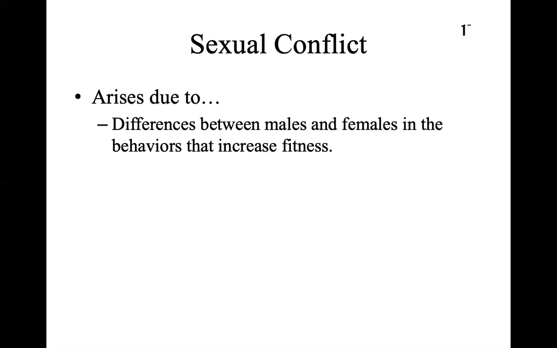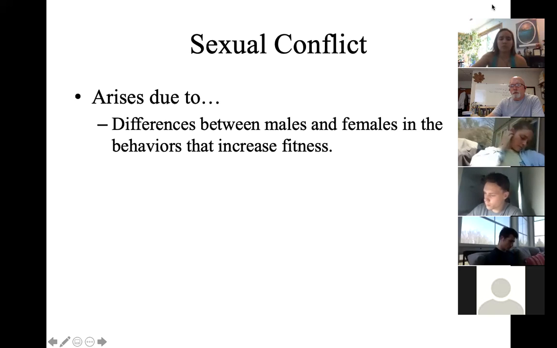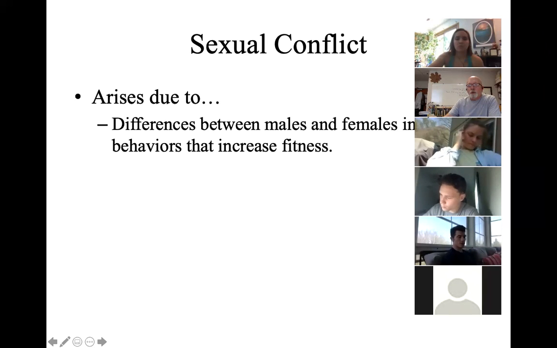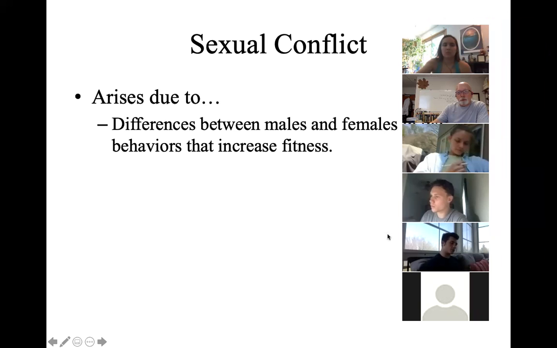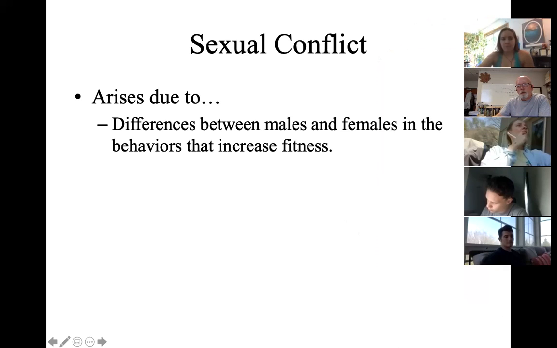The difference in investment means that females generally invest more in reproduction than males do, which means that what increases female fitness is not necessarily what increases male fitness. And this ultimately sets up a conflict between males and females. You can think of this as conflict in humans if you want to, but this conflict is also found throughout the animal world.